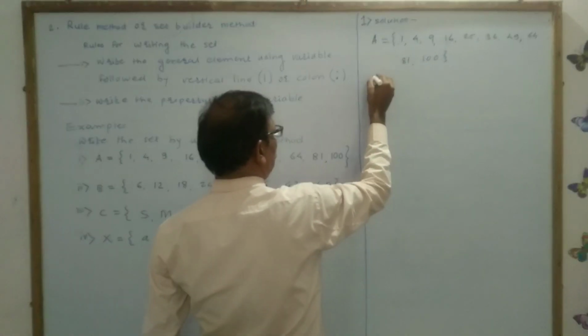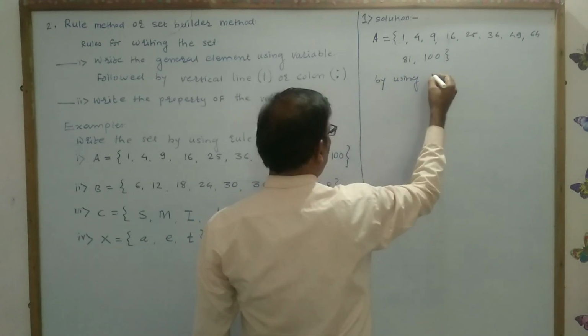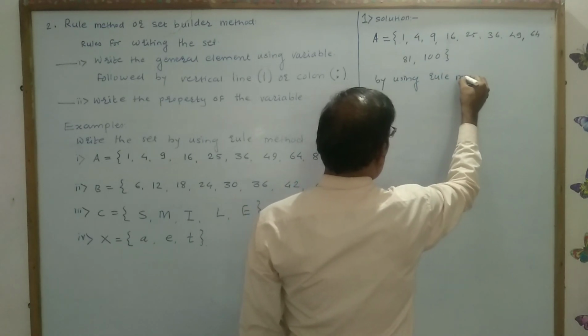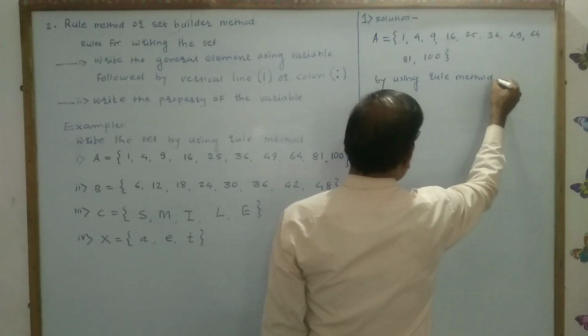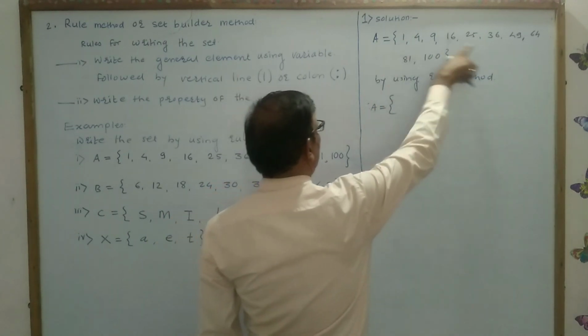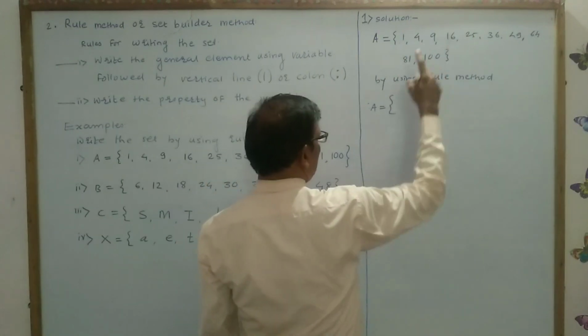These are numbers. By using rule method, therefore A is equal to, these are the square numbers, perfect square numbers.